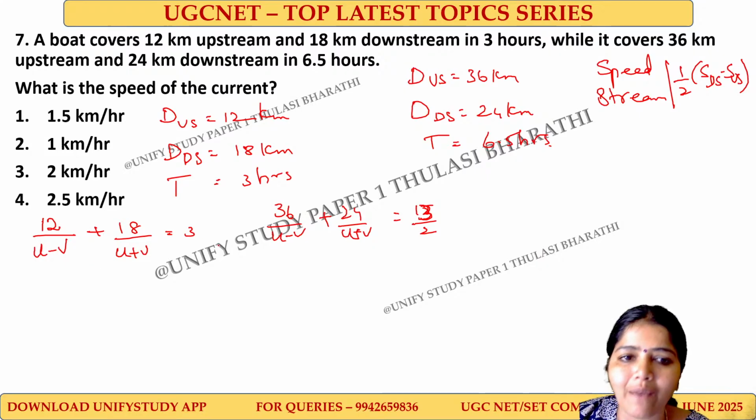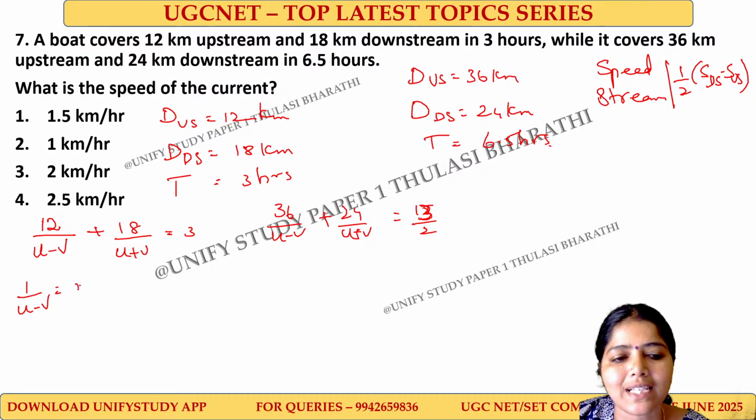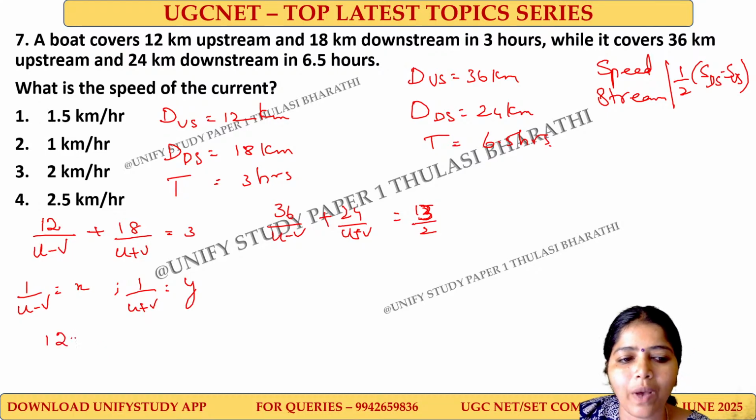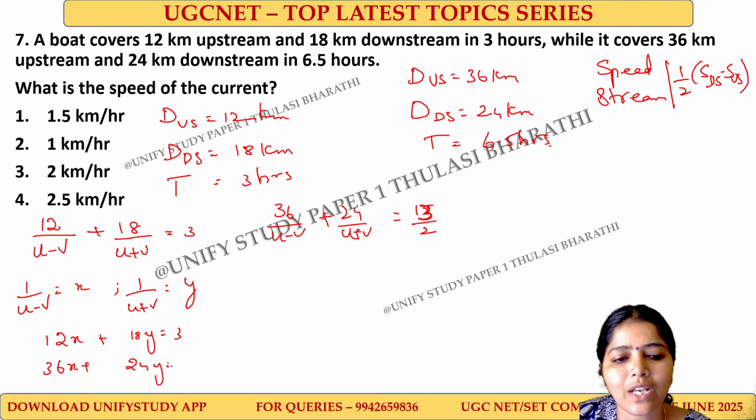Here the same thing I am going to do. 1 by u minus v will be taken as x and 1 by u plus v will be taken as y. So what will happen here? 12x plus 18y is equal to 3 and 36x plus 24y is equal to 13 divided by 2.